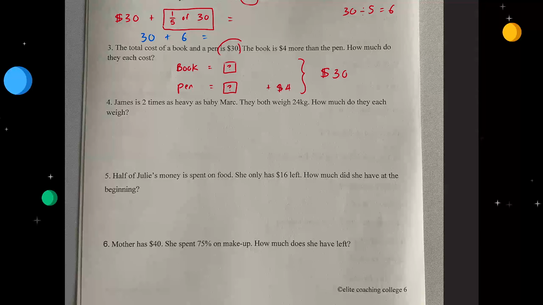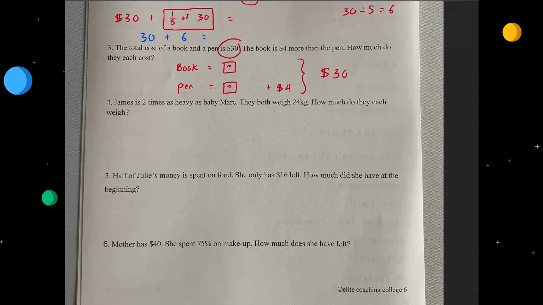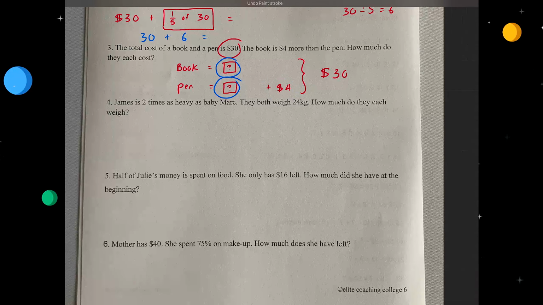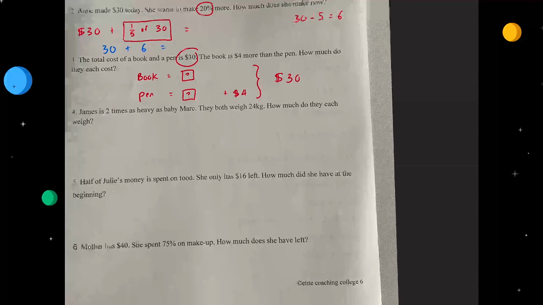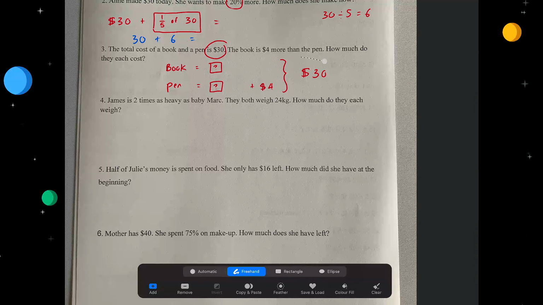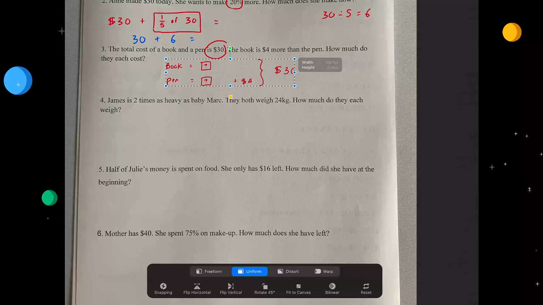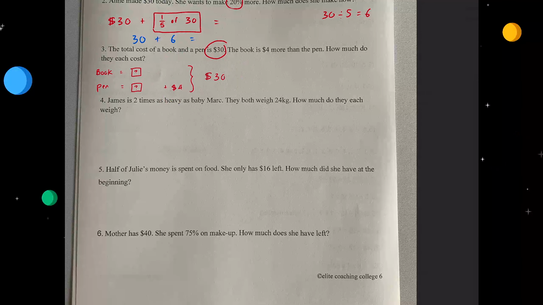Now next one is James is 2 times as heavy as baby Mark. So let's put in the names, James and Mark. Now imagine Mark is this heavy. We don't know what this number is, but we'll just leave it unknown for now. Now James is 2 times as heavy as Mark. So James is 2 lots of those question marks added together, isn't it?